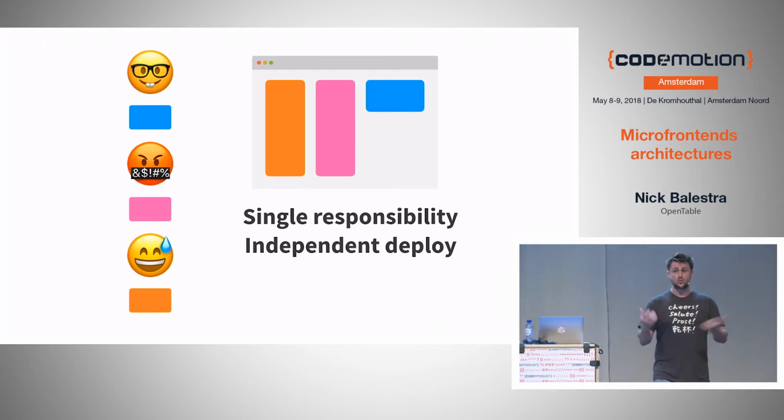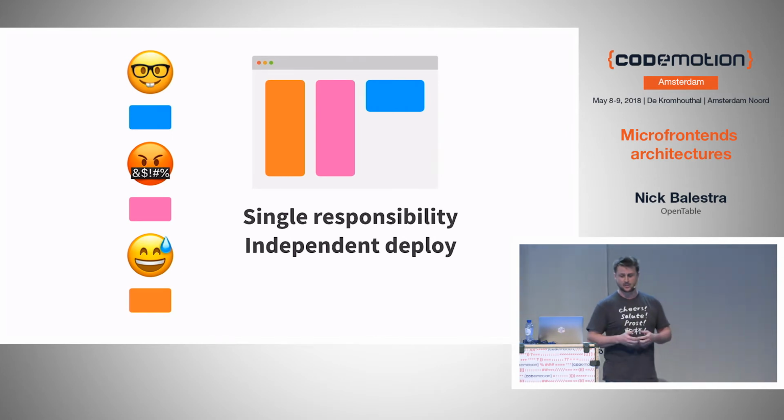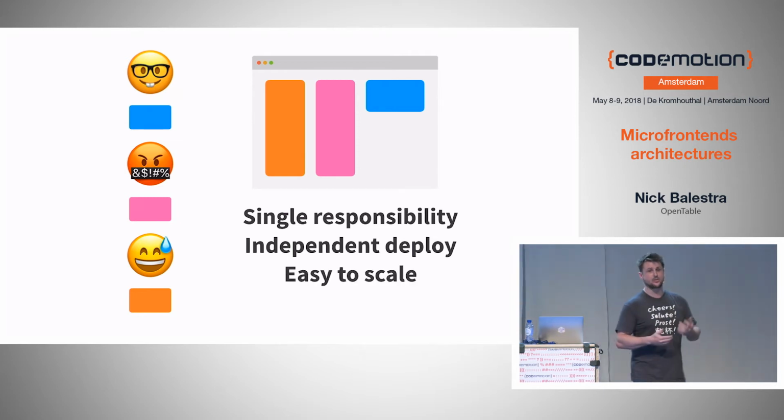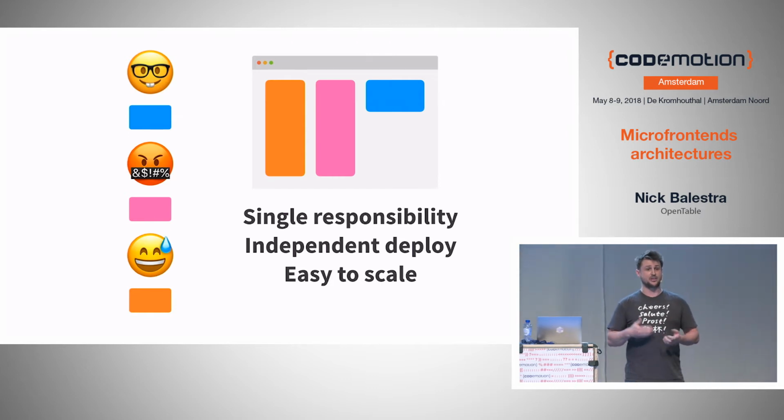So how do engineers work together? If I do a pull request or try to deploy in London, people in San Francisco are sleeping. So how do we handle that? Independent deploy is also important in this case. We also need it to be easy to scale, because maybe some features will get more traffic than others, depending on what people do on the site.